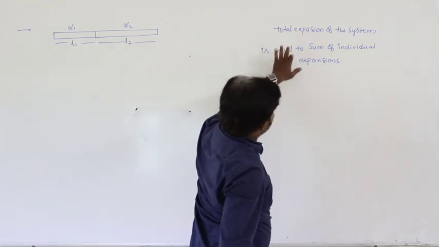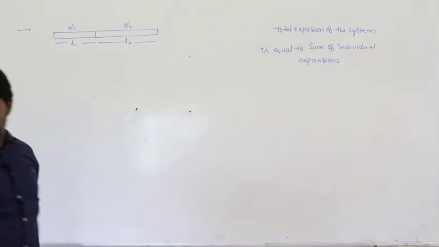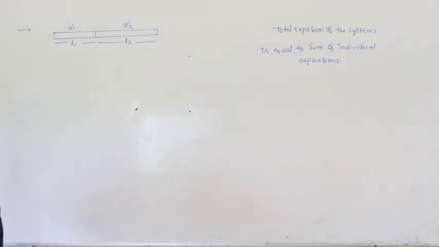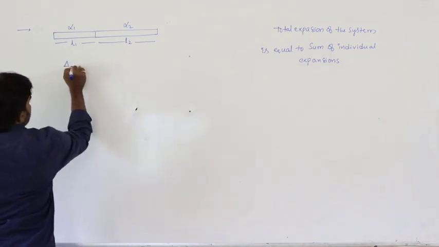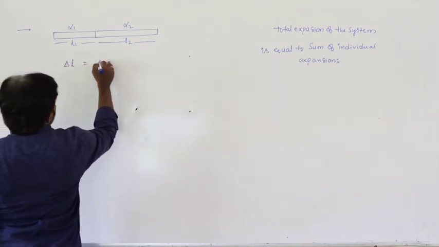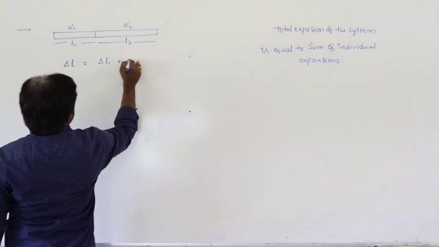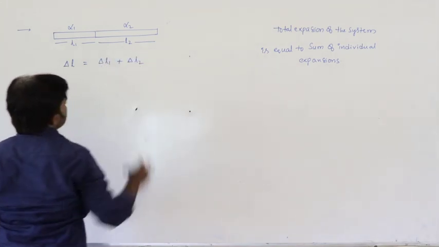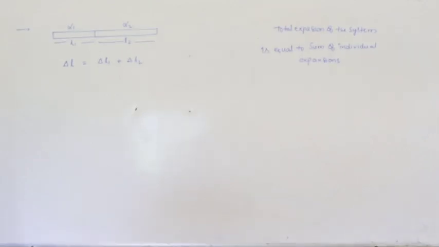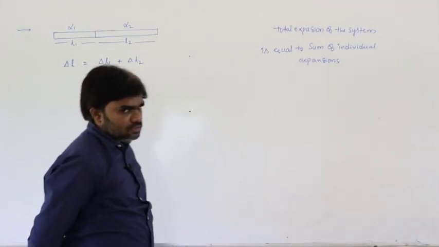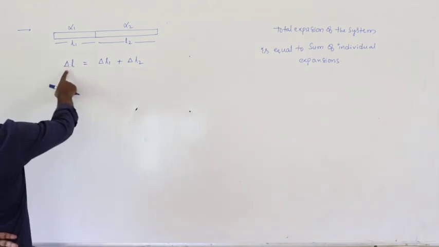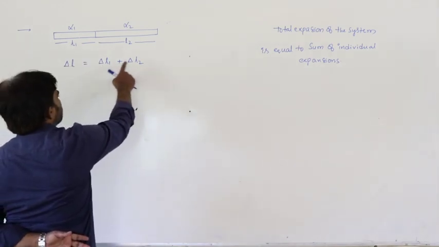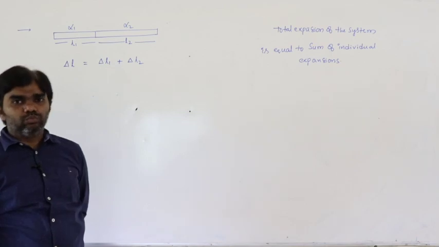This is important. So total expansion delta L is equal to the sum of individual expansions, delta L1 plus delta L2.